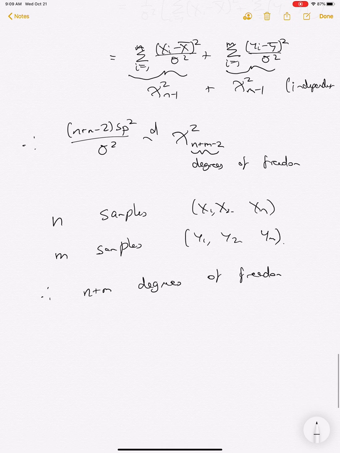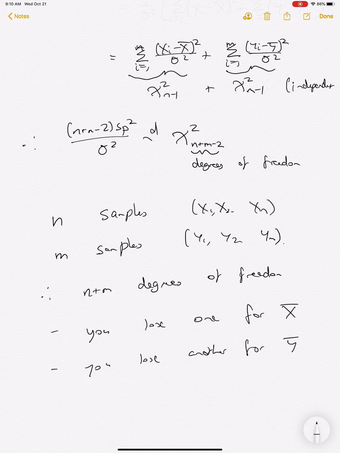And then you lose 1 for x bar, because x bar uses the n samples in a different way, and then you lose another 1 for y bar. This is a little bit intuitive, but I'm just trying to give some explanation as to why that n plus m minus 2 is there.